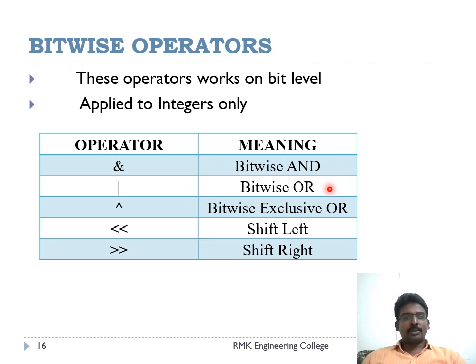If both are 0, then the result will be 0. Similarly, for exclusive OR, and shift left, the position of the binary digits will be left shifted by 1, and the position of the binary digits will be right shifted by 1 if we use shift right. So these operators are used to perform operations on the binary digits, that is zeros and ones.